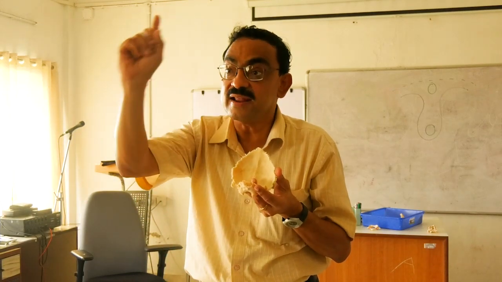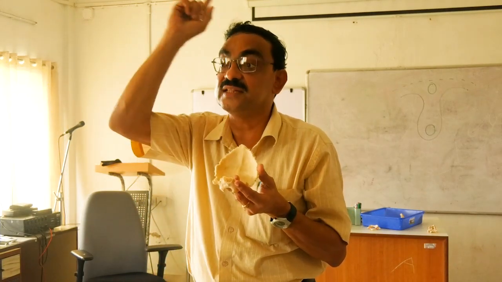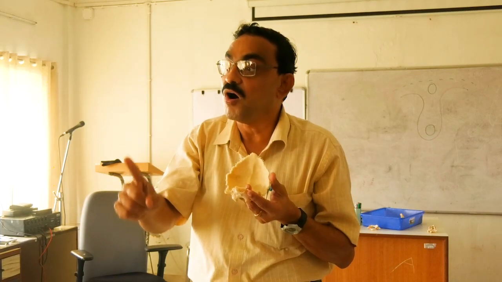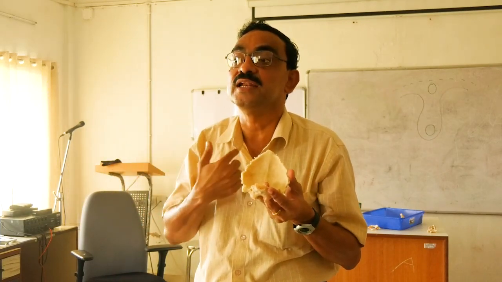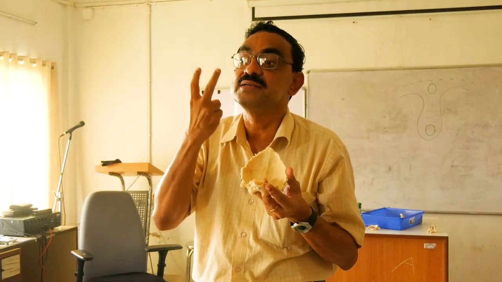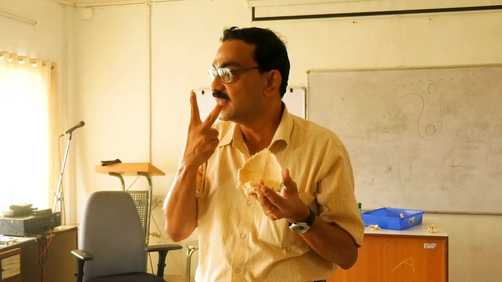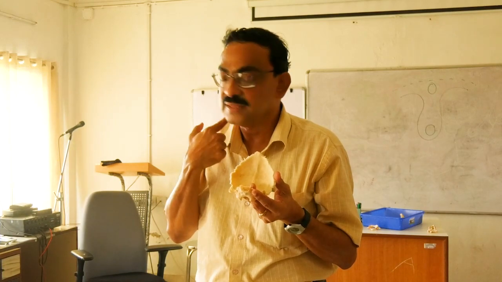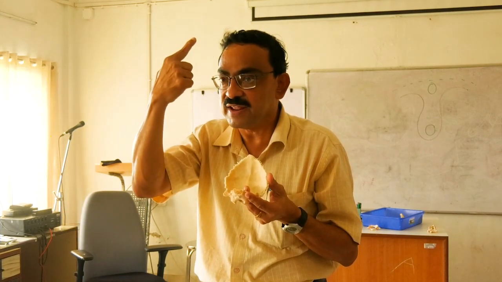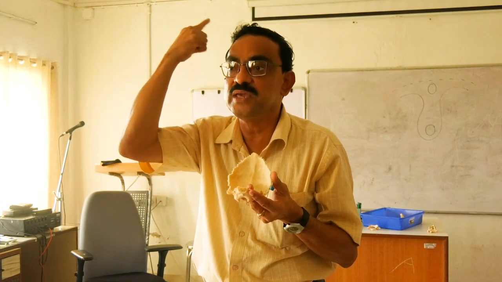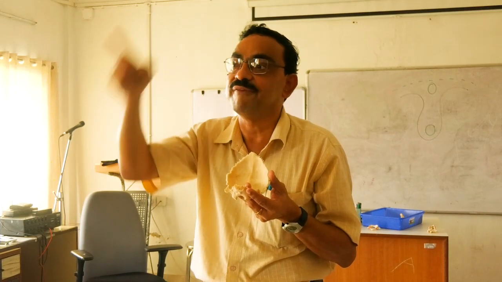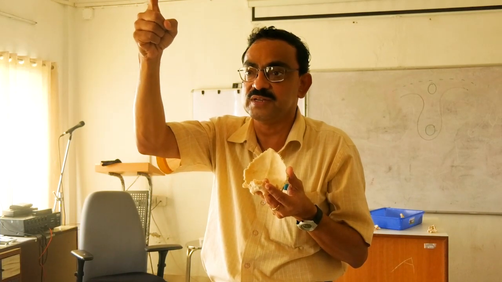Occipital artery and ascending pharyngeal artery, these are the branches of the external carotid artery. The carotid artery breaks into external and internal carotid. Of the external carotid, one branch is the ascending pharyngeal. Generally, we used to say previously that the first branch of the external carotid is the ascending pharyngeal.